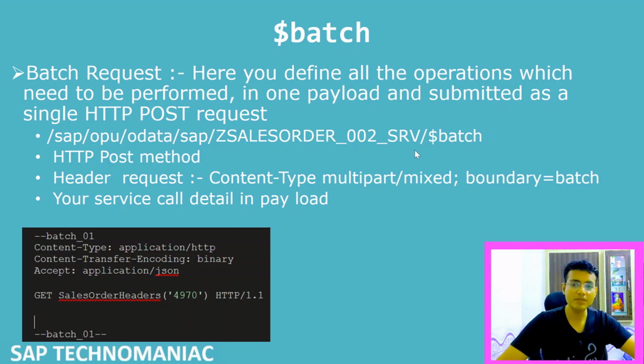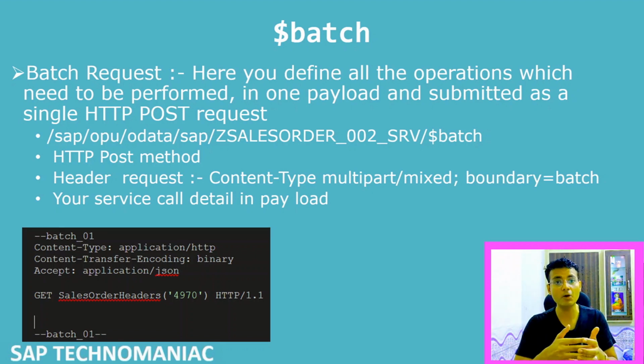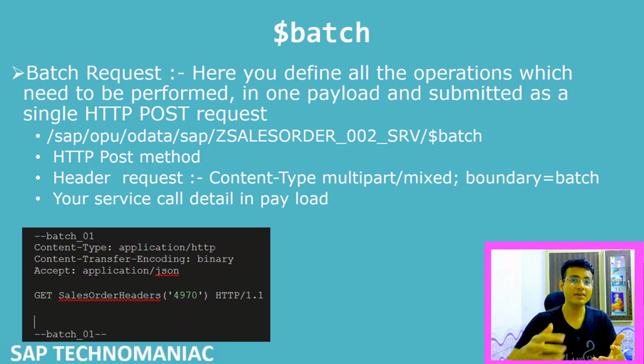Apart from this service, we have to use the post method here. $batch always needs the post method. Why do we need the post method, you will ask? Because there is only one method where we need to send the payload.